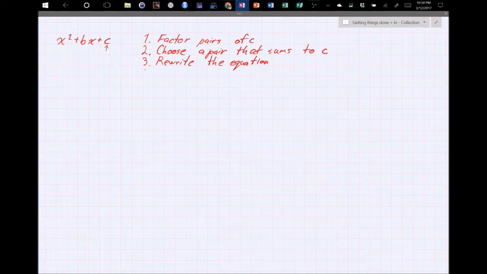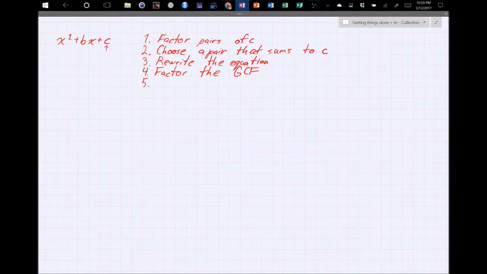And the fourth step is we're going to look at that rewritten equation, and we're going to factor out the GCFs. Factor the GCF out from each piece, and I'll show you what I mean.